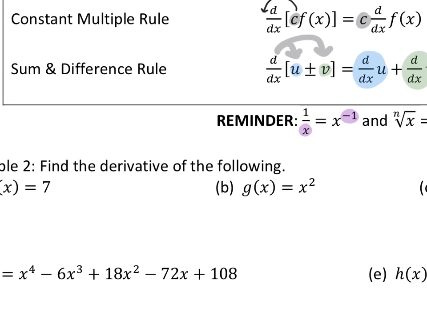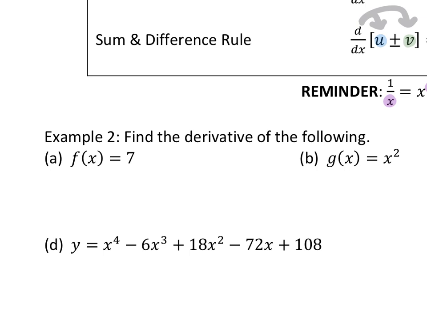Okay. So we're finding the derivatives, but we're not going to use the definition of a derivative. We're going to use the rules, the derivative rules. When we are finding f prime of x for letter A, what kind of function is that? 7. Is it linear, quadratic, constant, cubic? What are we working with here? We see no x, which means it's a constant.